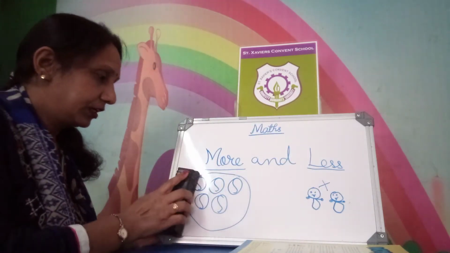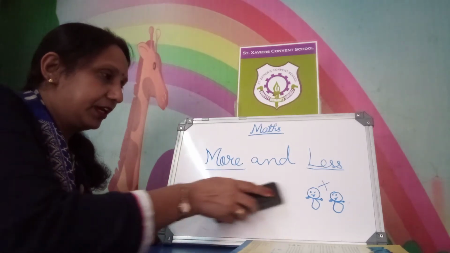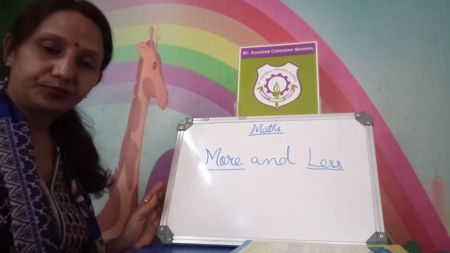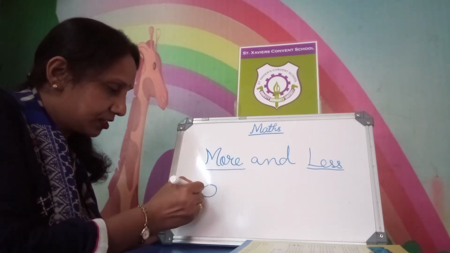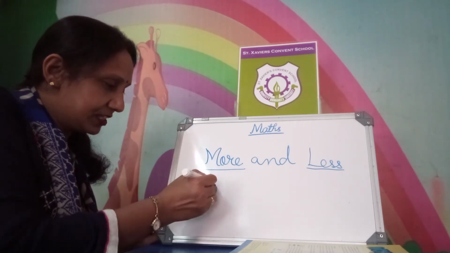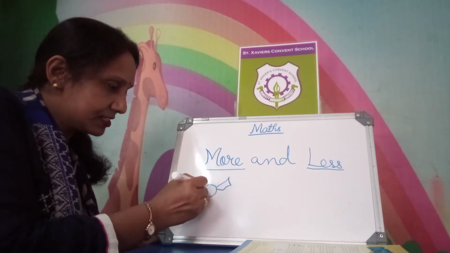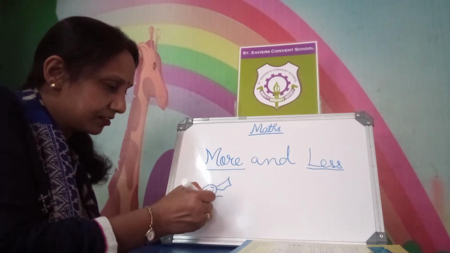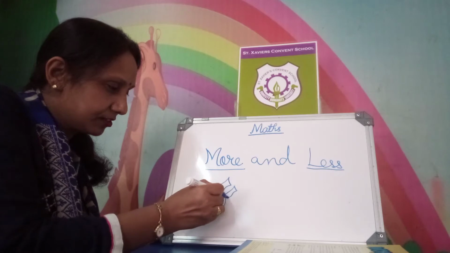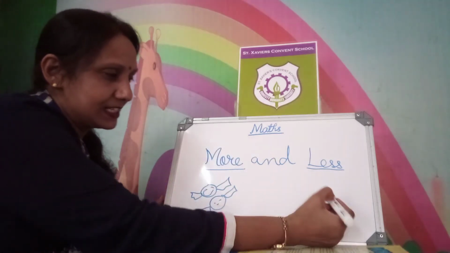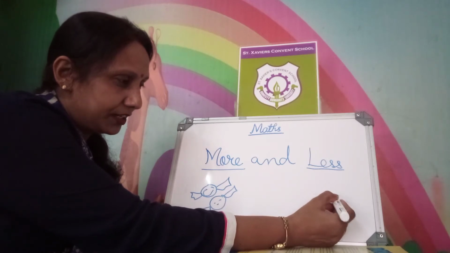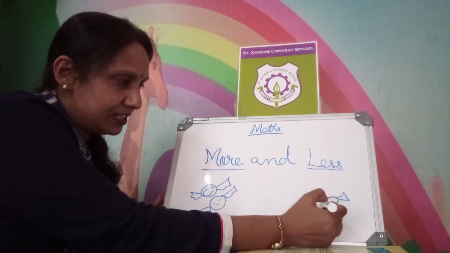Now here, just see the toffees. How many toffees are there on this side? 2 toffees. And this side, 1 toffee.